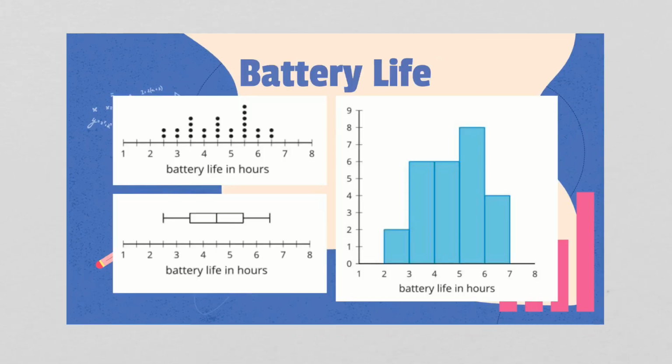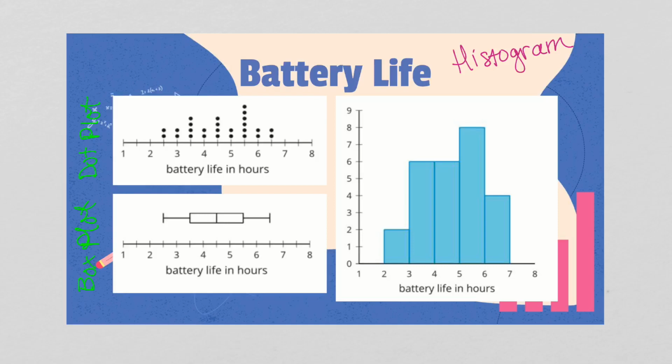So we have a dot plot right up here. We have a box plot. And we have a histogram right over here. During class, we talked about the differences between these graphs.